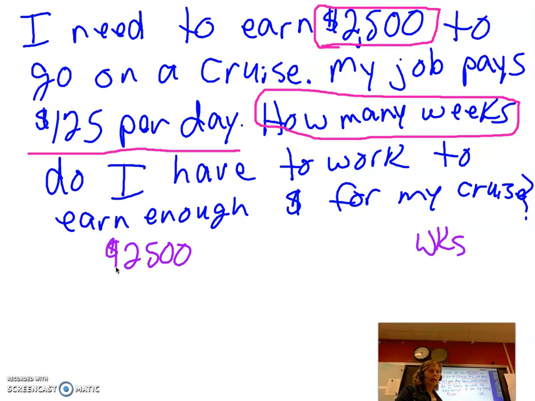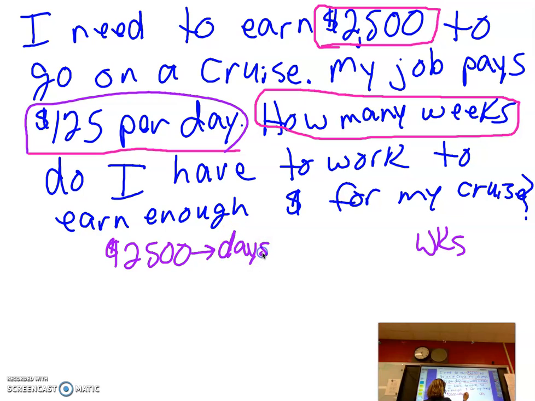If we really analyze this, there's not anything that takes me from dollars to weeks, but there is something that takes me from dollars to days. So I can do that. I'm looking at this conversion factor right here. So I can go from dollars to days, and then from days to weeks.